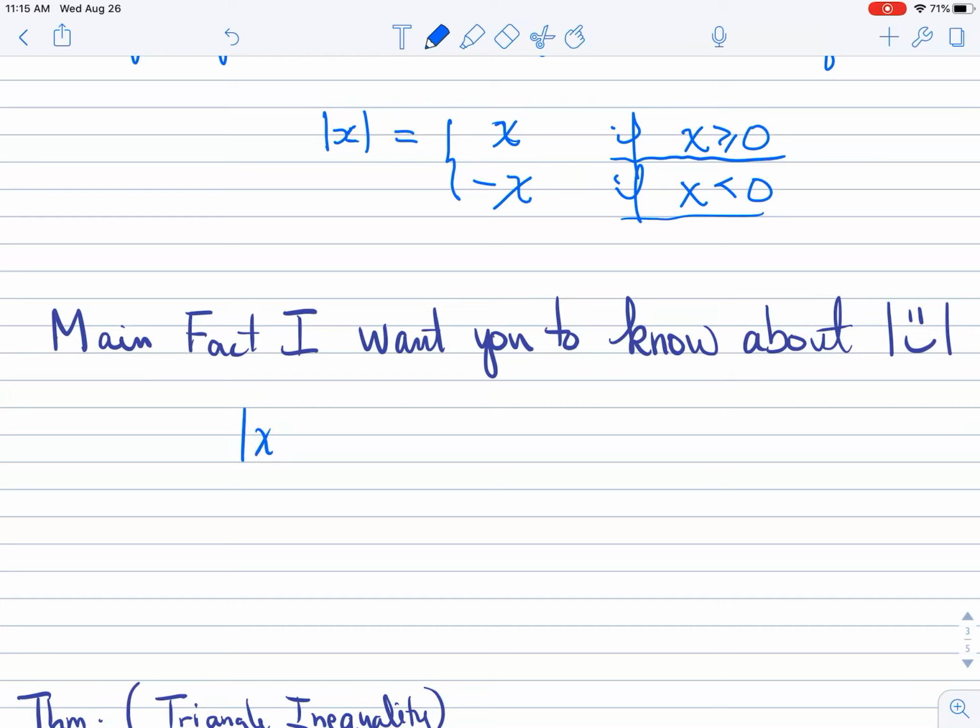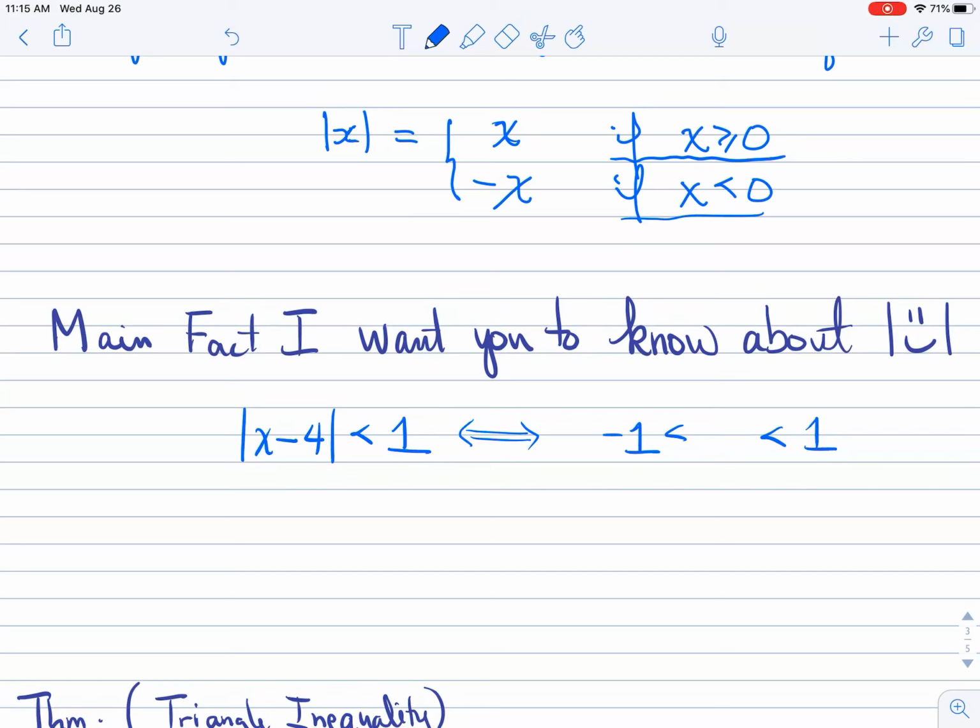If I want to know what it means for the absolute value of x minus 4 to be less than 1, well, that's equivalent to saying that that smiley face has to be between 1 and -1, right? Whatever that smiley face in here is, it's got to be between 1 and -1.